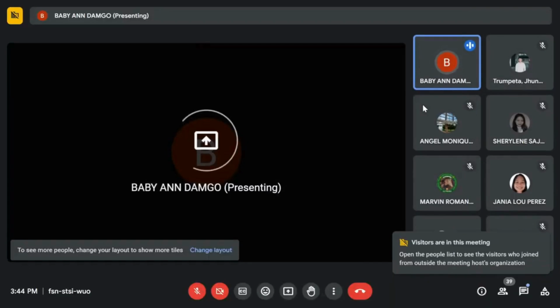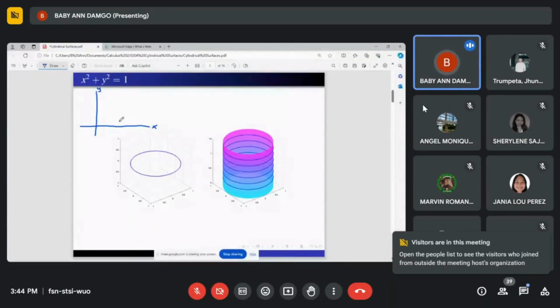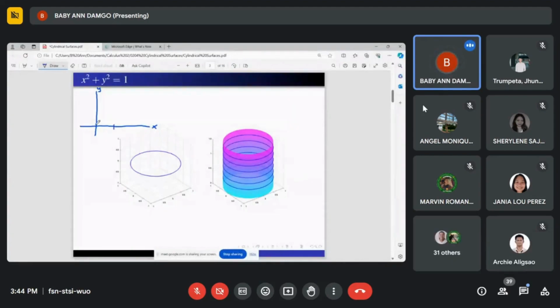Okay? So ang x squared plus y squared equals 1 in terms of x, y. So in 2D, it's just a circle, with radius equal to 1.